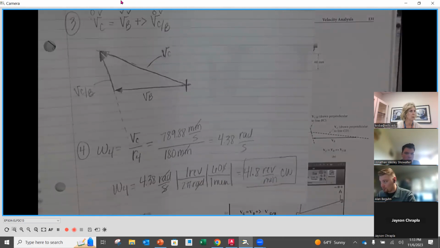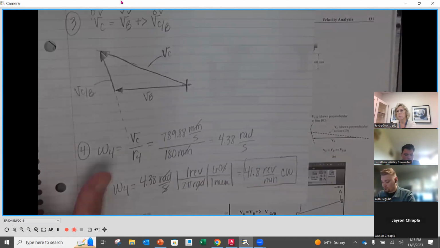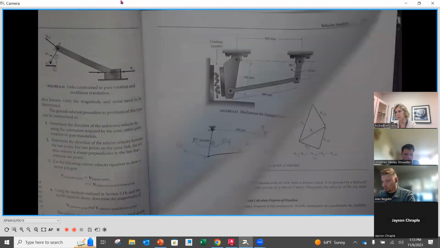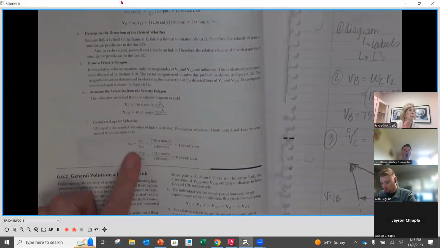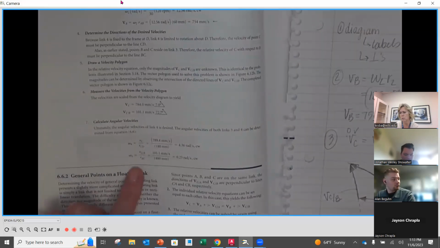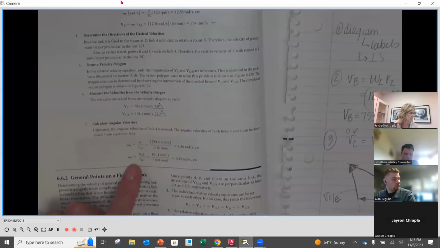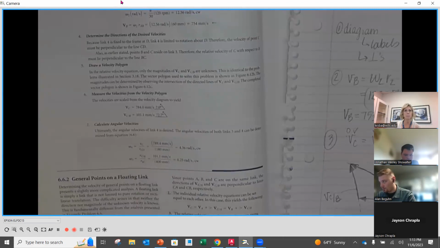Okay. They did 2 links in this example. I think what they did was the angular velocity of link number 4, which was what the problem asked for. And I'm not sure why they ended up doing the angular velocity of link number 3. That is kind of insignificant in terms of the problem itself. We're usually interested in just the input and the output.